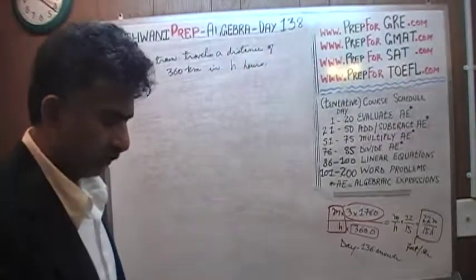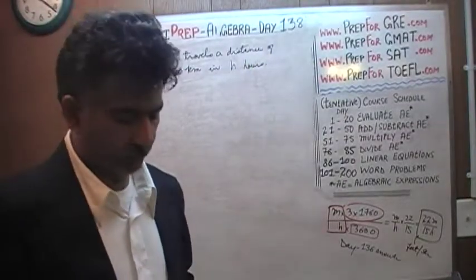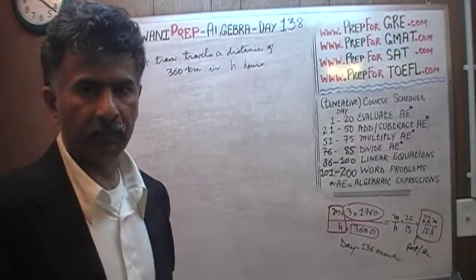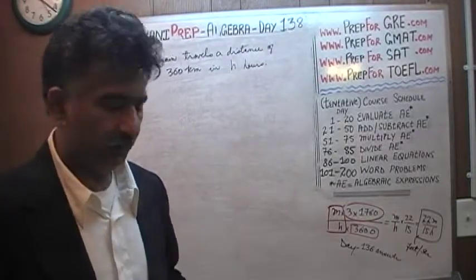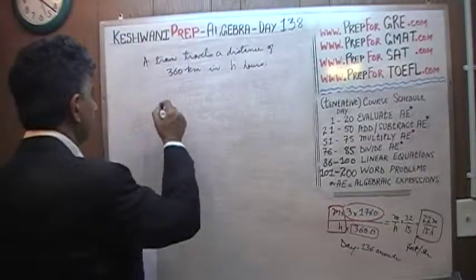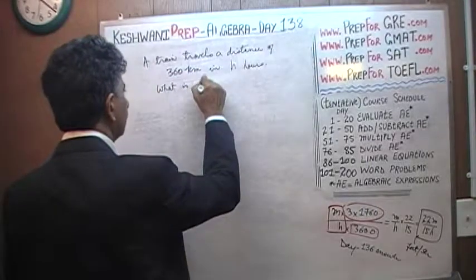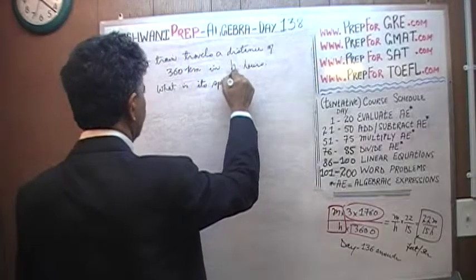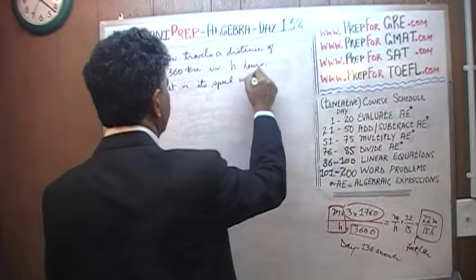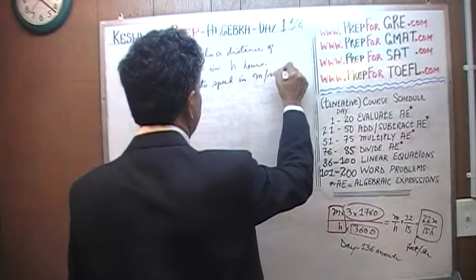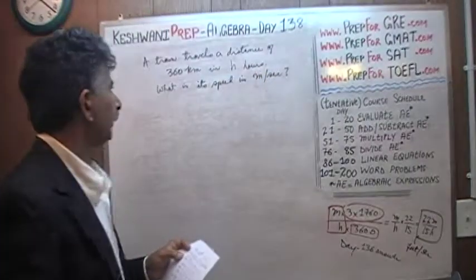We are not told how many hours that is. It's unknown. It's a given number of hours. A train travels 360 kilometers in a given number of hours. The question simply is, what is its speed in meters per second?